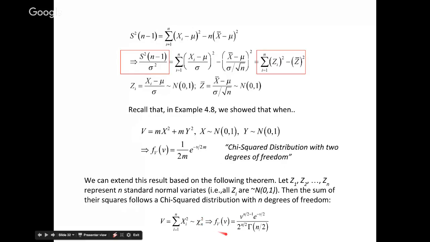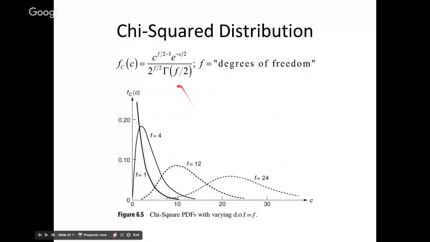And the probability density function for a chi-square distribution is indicated here, where that quantity there is just the gamma function. And this is what the chi-square distribution looks like. So we're just plotting the chi-square distribution against chi-squared.